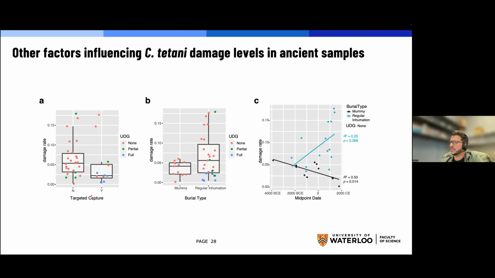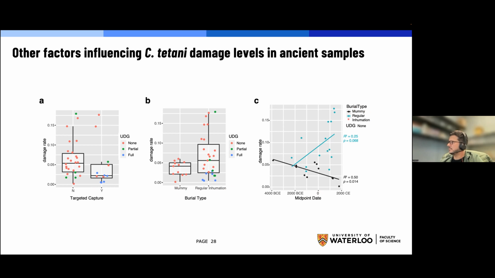We also see an influence of whether the samples were a mummy type or bog burial type, or are derived by regular inhumations. And then we also see an interesting pattern when we again compare the damage rates to the dates of the samples.